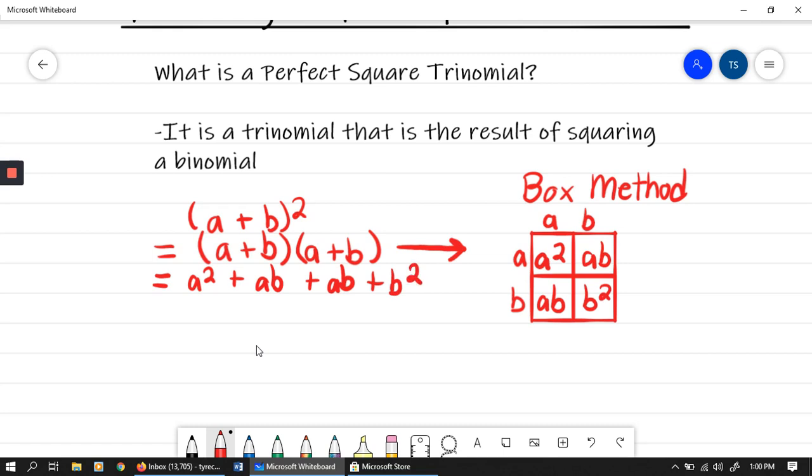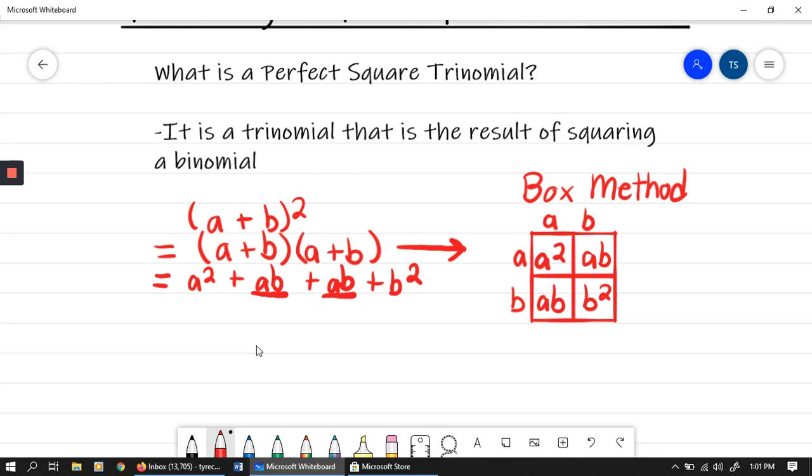If you're looking at these two like terms right here in the middle, the coefficient for the first one is 1, and the coefficient for the second one is also 1. I know this may look a little strange, having ab and ab, terms that have more than one variable in them, but the coefficient there is still 1.